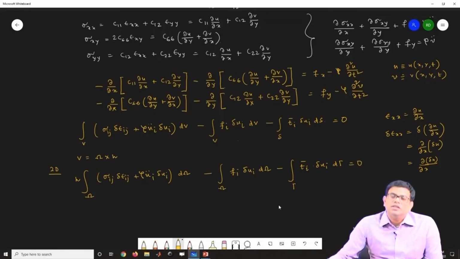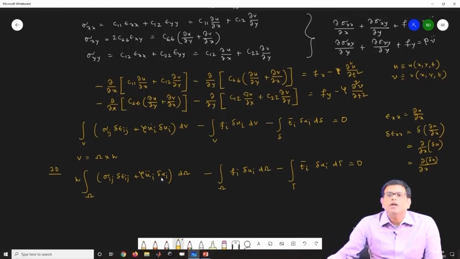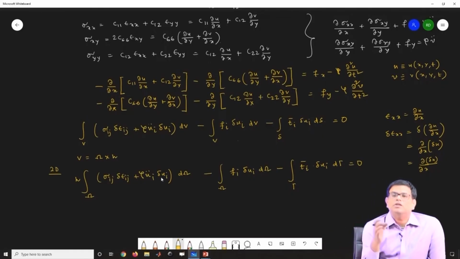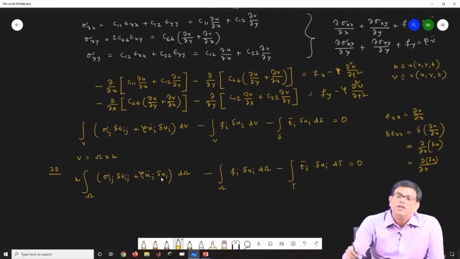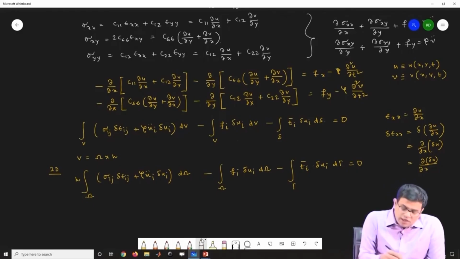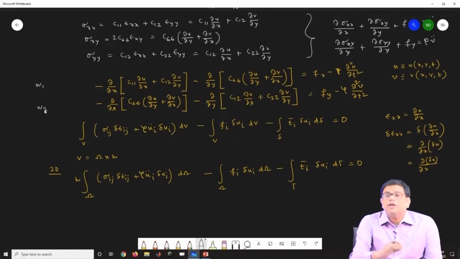Now this is one way of doing it, using delta as the variation of the displacement. Another way of doing it is the weighted residual method or Rayleigh-Ritz method that we studied. In that method, we multiply by weight functions W1 and W2, the two different weight functions, because there are essentially two differential equations.